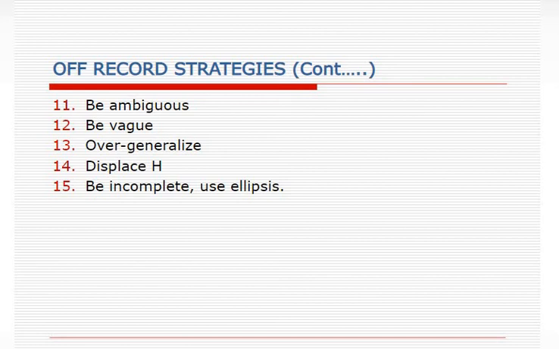Along with this, we have disclosed that positive politeness has further 15 strategies. Negative politeness, there are 10 negative politeness strategies according to Brown and Levinson. And according to Brown and Levinson, there are 15 off-record strategies. I hope all these points are pretty clear in your mind.